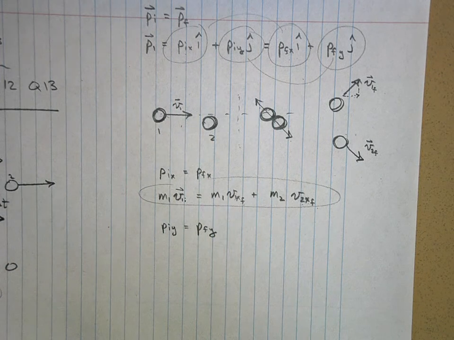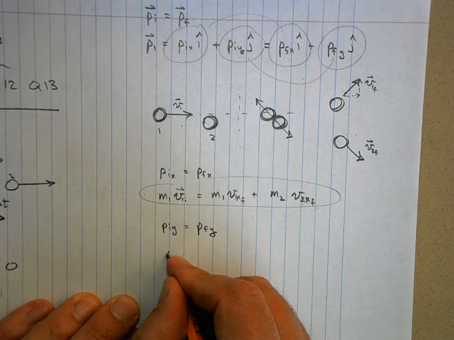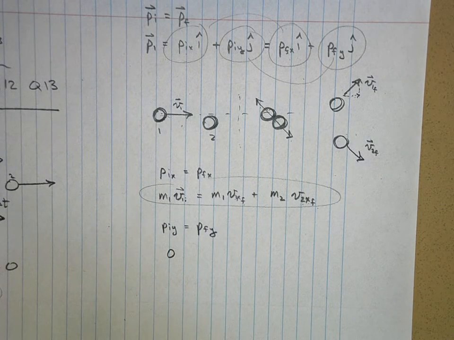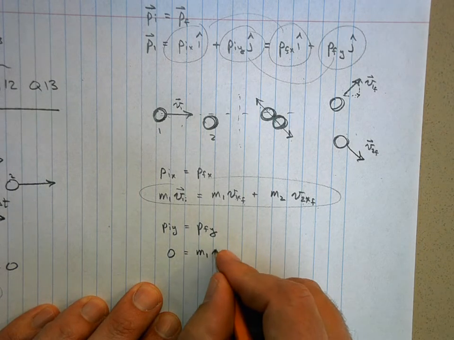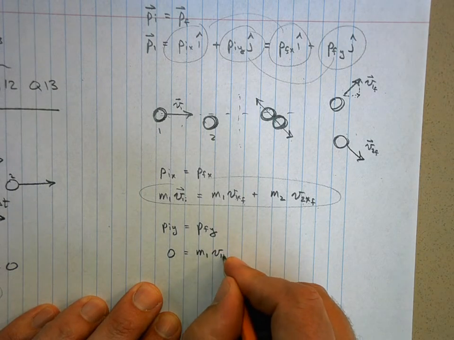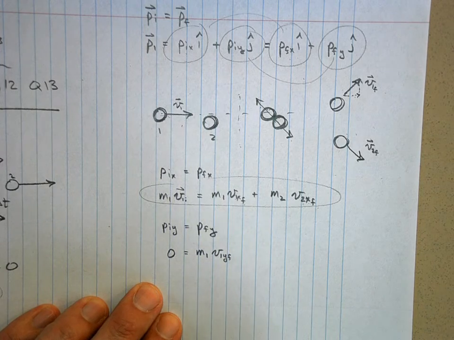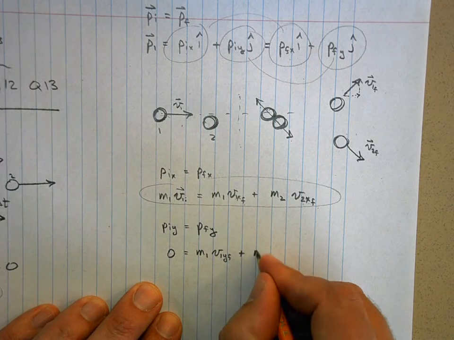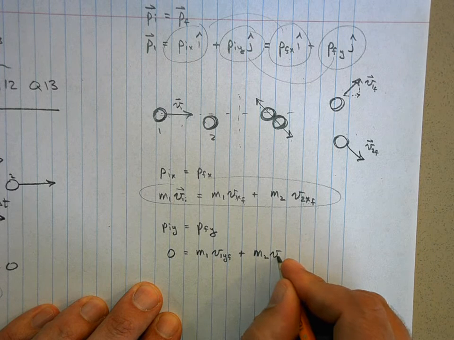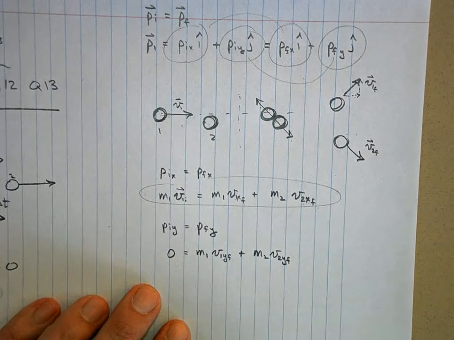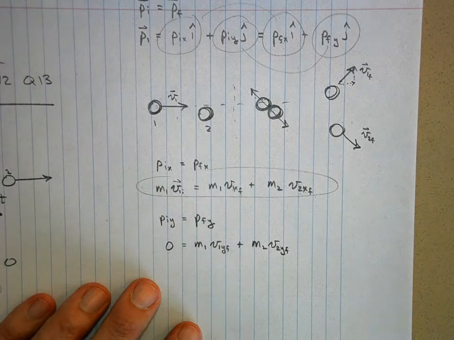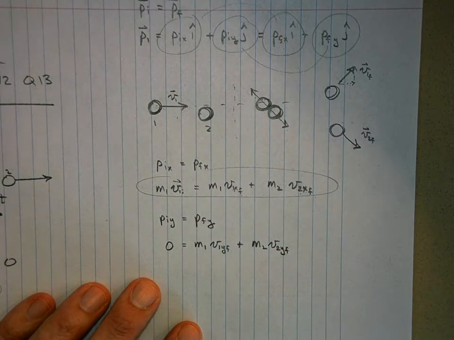There isn't any. So, yay! The initial is 0. And this is going to be equal to M1 V1y final plus M2 V2y final. Okay, so let me zoom in. It's kind of small, isn't it?